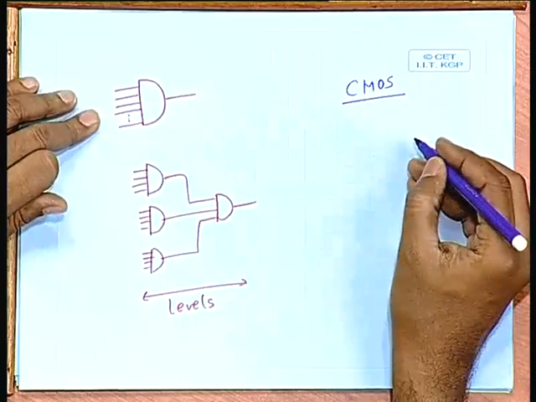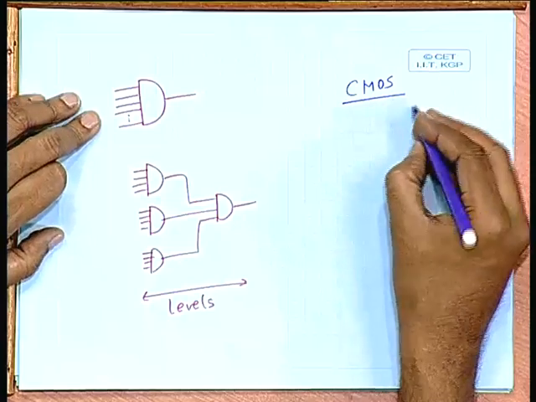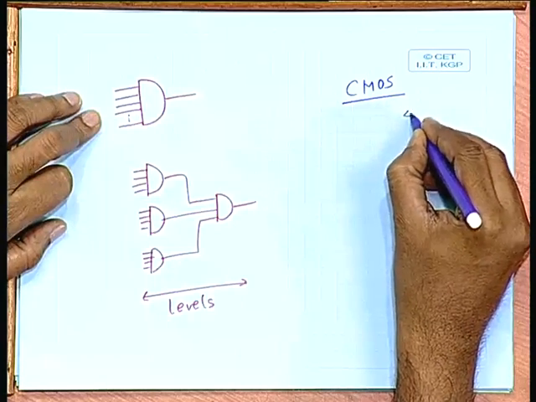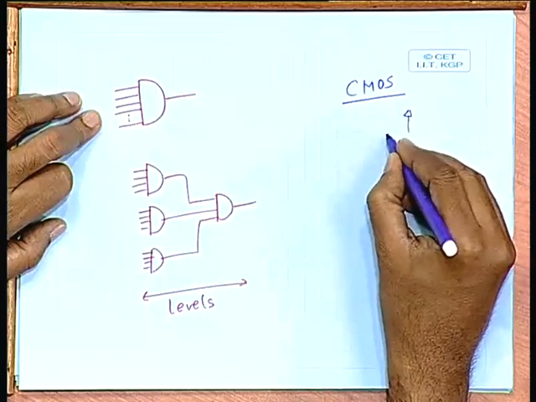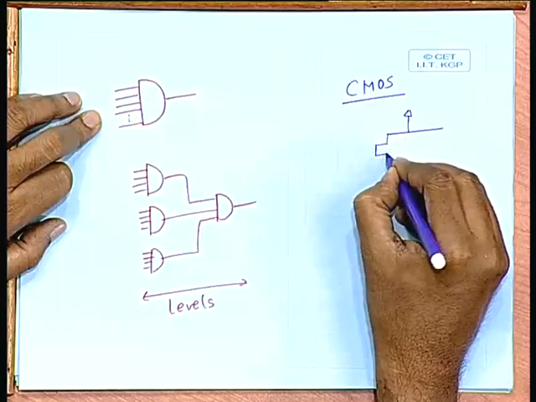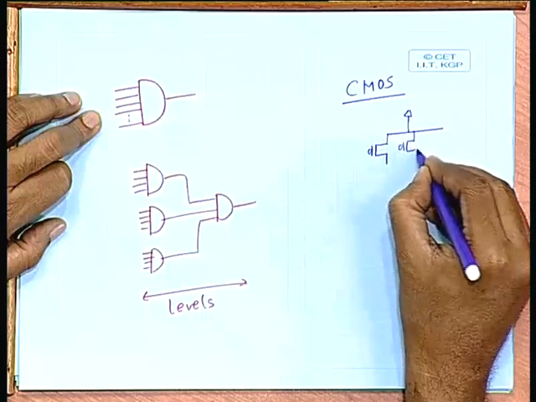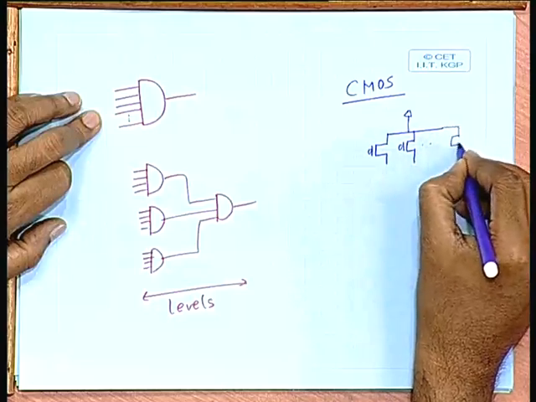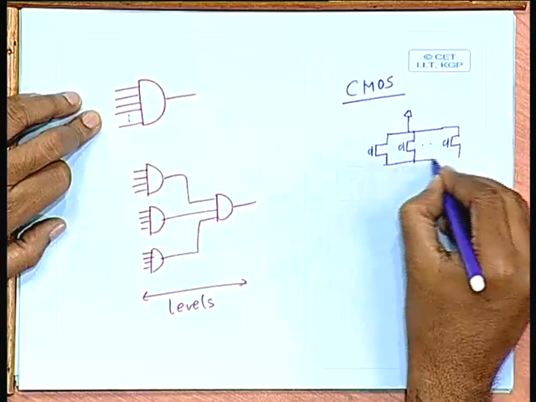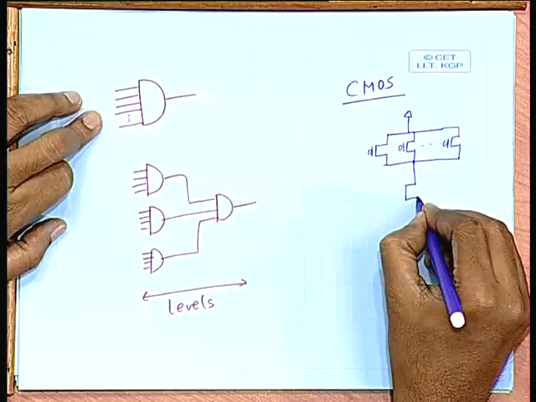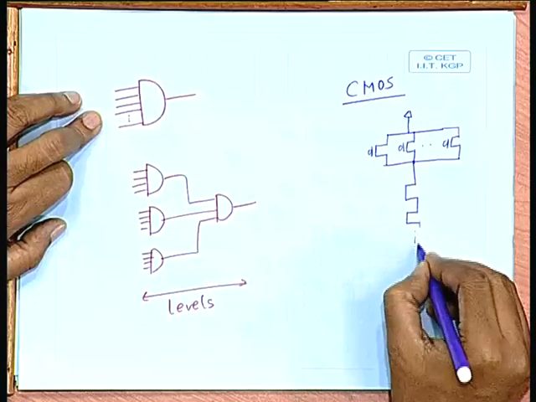If you look at a NAND gate, the way a NAND gate is constructed in CMOS, in the pull up you have a set of P type transistors, and in the pull down you have a set of N type transistors in series.